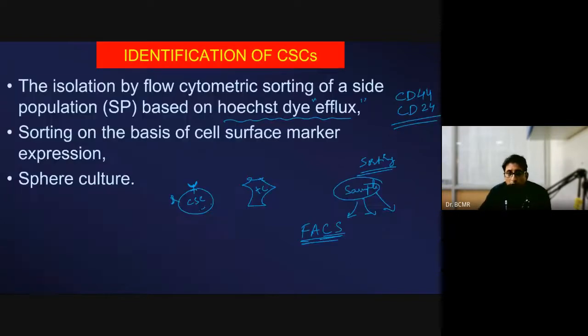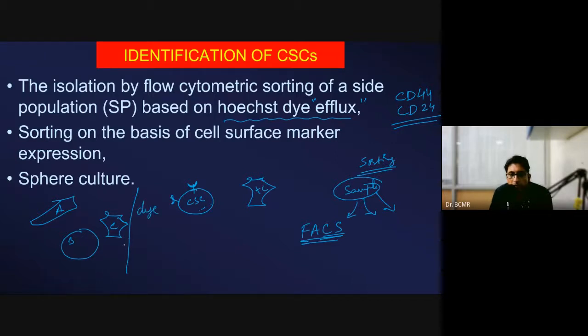So the central idea is that we have several cell types. Say these are three different cell types, A, B, and C, and we treat them all with a dye.